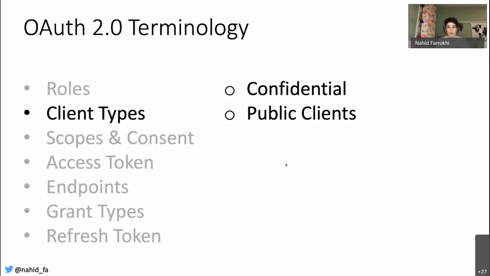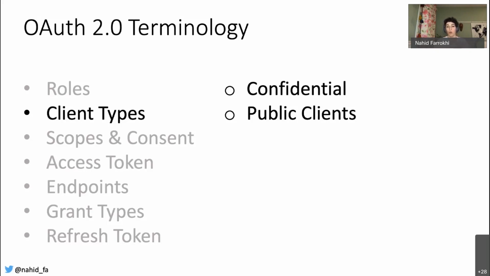The next thing in the terminology is the client type. Before I talk about client type, I should say something about the client. A client has two properties. Each client has a unique identifier, which we call the client ID. It's a public identifier for the app, and it's a random string, but it's suggested not to be easily guessable.